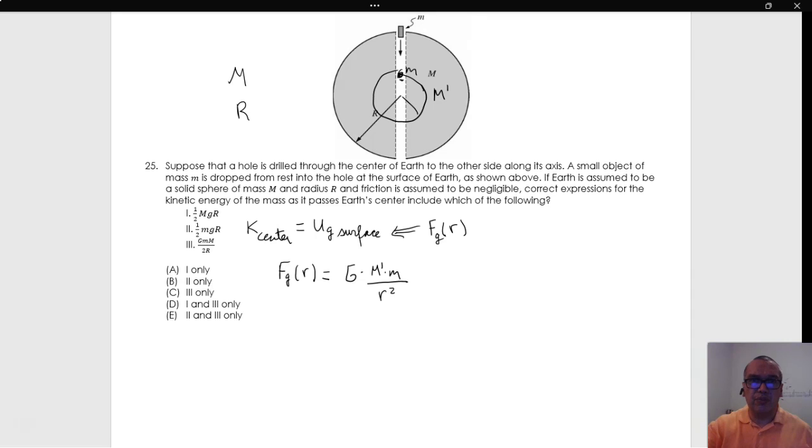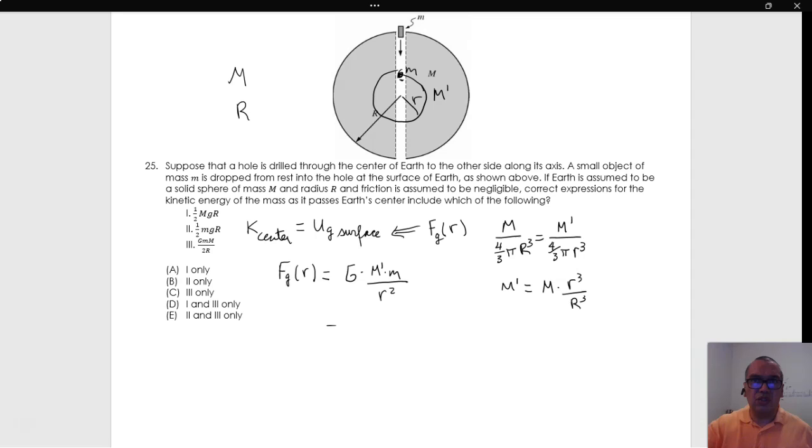If we assume that the density of Earth is constant, the two masses are proportional in the formula mass divided by volume, M prime over 4/3 pi lowercase r cubed. This results in the relationship M prime is equal to M times the ratio of the radii to the third power.